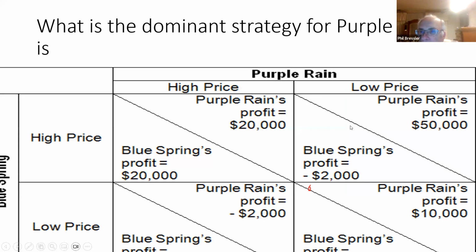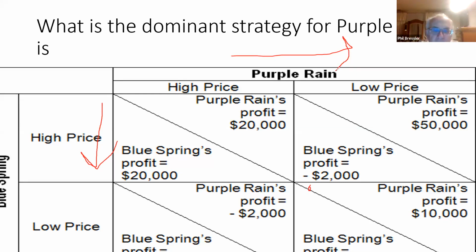Oh man, I don't know if we're going to be able to do this. I'm going to just walk us through a game theory question here. I've got to get this out of the way so I can see. It's Blue Spring over here on the left, and Purple Rain here.